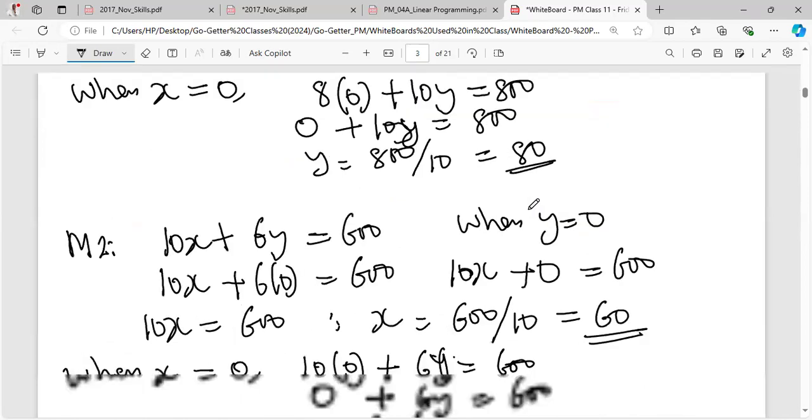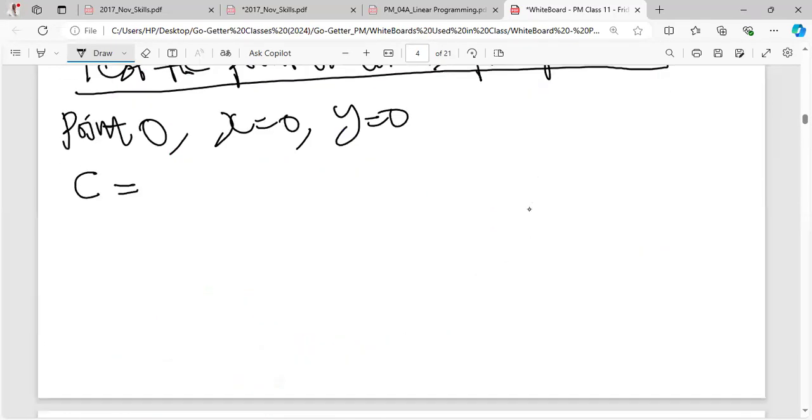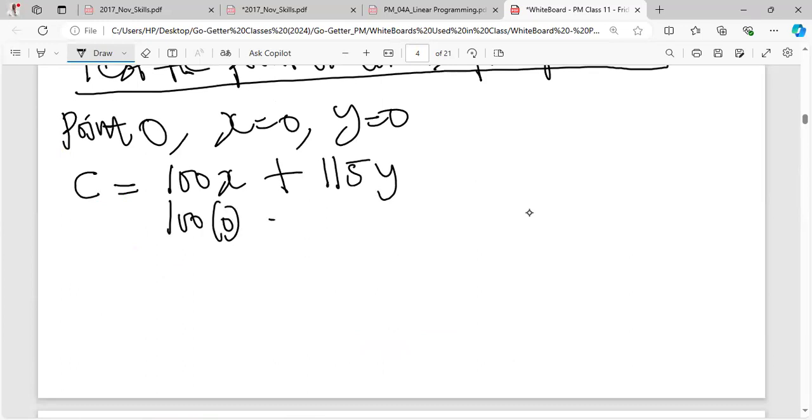So we use that. C is 100x plus 115y. So let's replace x and y. 100 multiplied by 0, 115 multiplied by 0, that will give me 0 plus 0, which is 0.